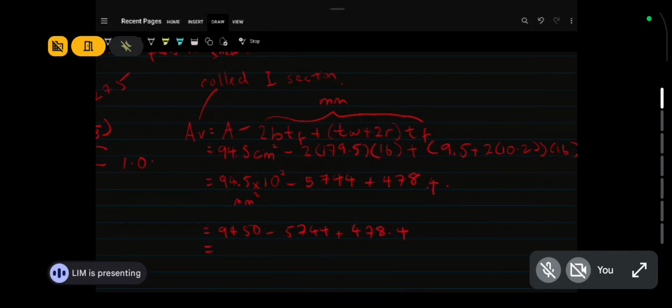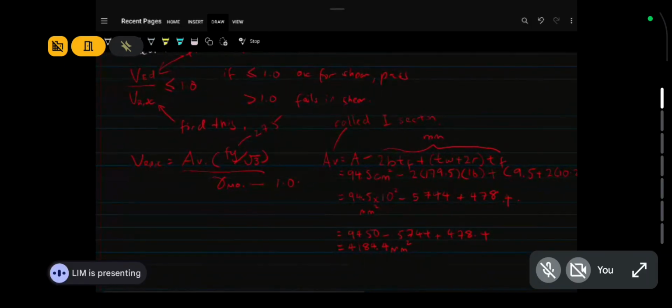So 9450 minus 5744 plus 478.4. So Av should be 4184.4 mm squared. So substitute this back in Av.